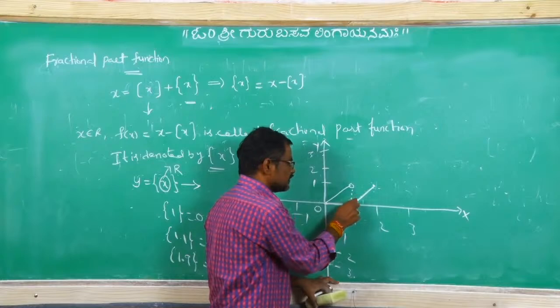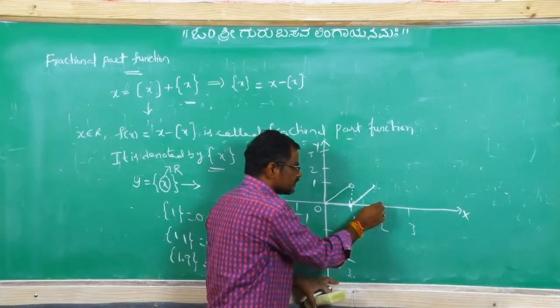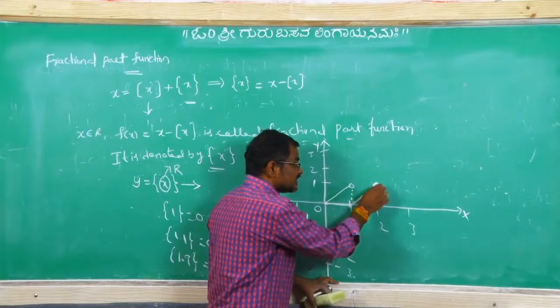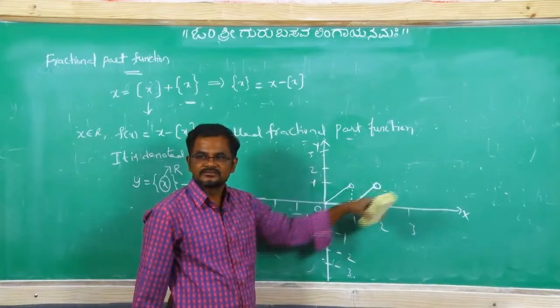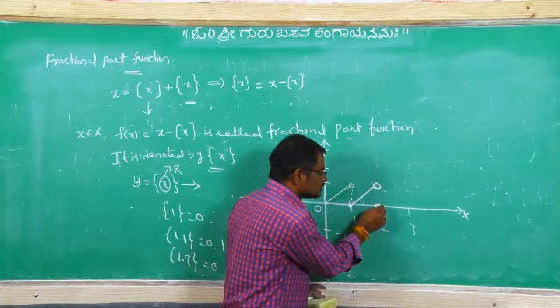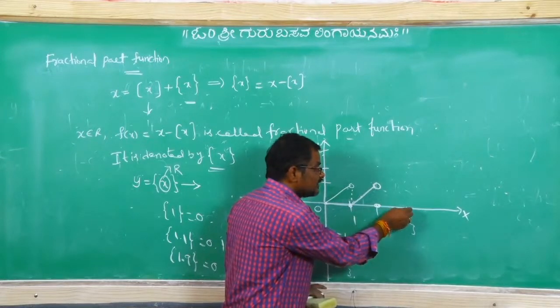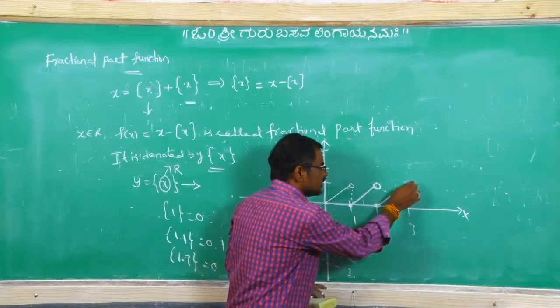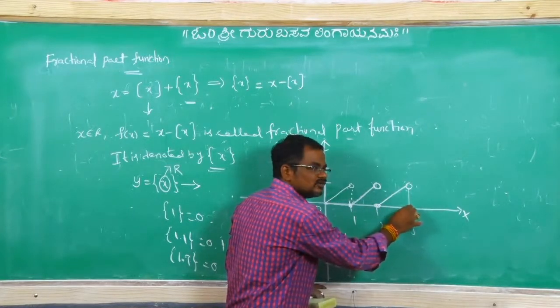Up to 0.9 here, but again if you take 2, it falls down to 0. Here, 1 you won't get. Next 2.1, 2.5, 2.9 give 0.9. But if you take 3, again it comes down to 0.